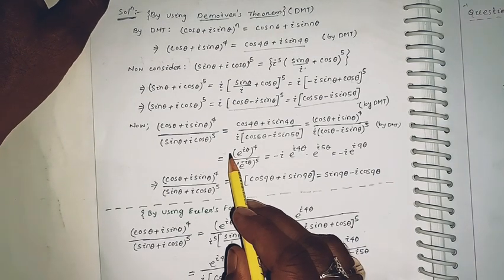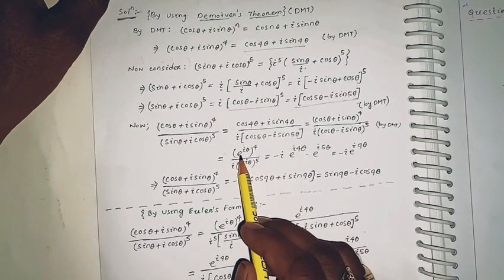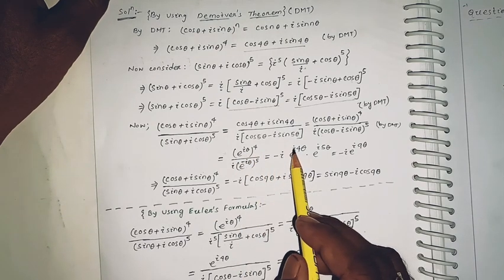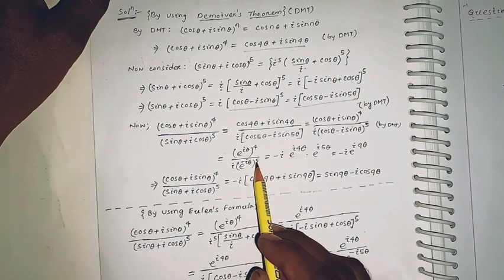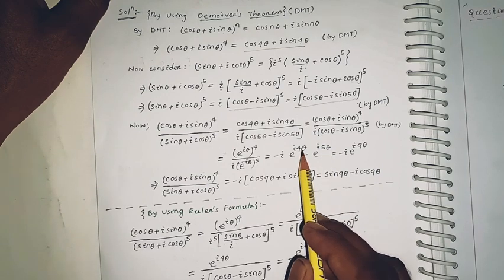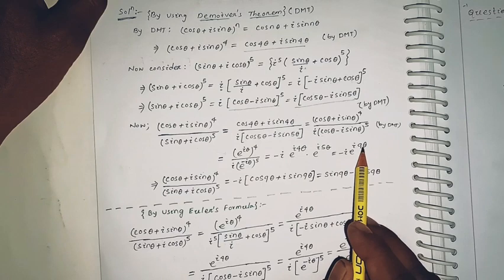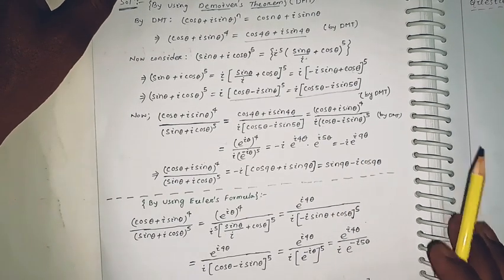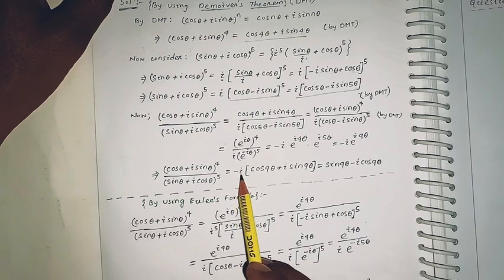If I move it to the numerator, it will be minus i. And e to the power i theta to the power 4 will be e to the power i 4 theta, and here this will be e to the power minus i 5 theta. If it moves to the numerator, it will be e to the power i 5 theta. So the powers will add up, so minus i e to the power i 9 theta, right? That implies this value will be equal to minus i.